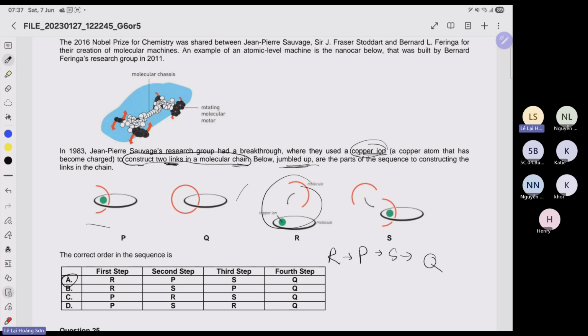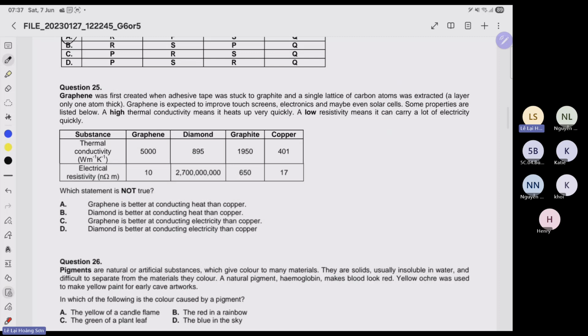Question number 25. Graphene. We have this. Which statement is not true? All right, we have a lot of information. Graphene is better at conducting heat than copper. We have thermal conductivity, so the higher the thermal conductivity is, the better at conducting heat the material is.